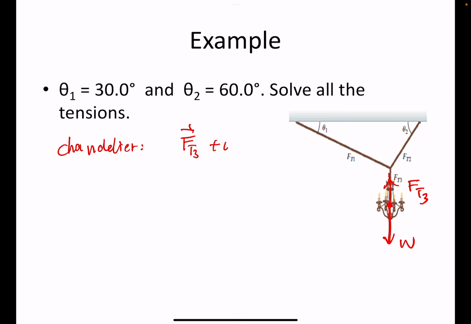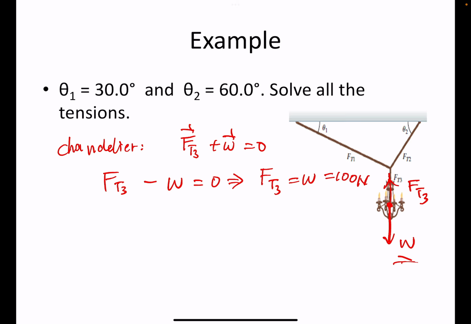Ft3 plus weight as vectors add up to 0, but they are all in the y direction. So Ft3 and weight is in the negative y direction. And now we know weight is 100 Newton. So Ft3 equals weight equals 100 Newton.